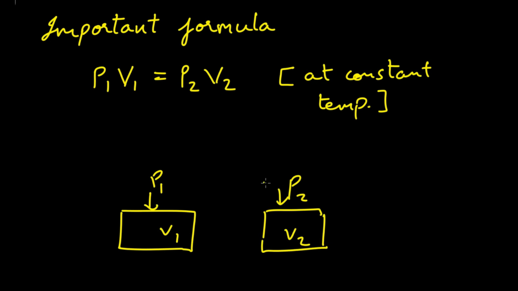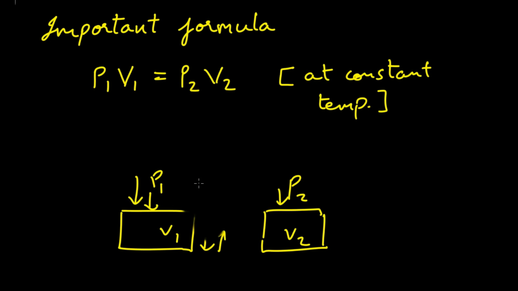Now since pressure and volume are inversely proportional, as the pressure increases, volume will decrease, right? Pressure increases, volume decreases, or volume decreases means pressure is increasing. If pressure is decreasing, then volume will increase, right? This is a simple condition.